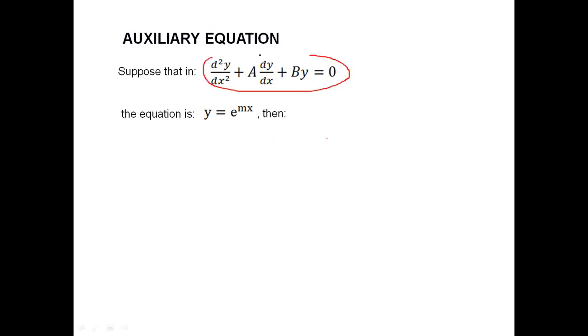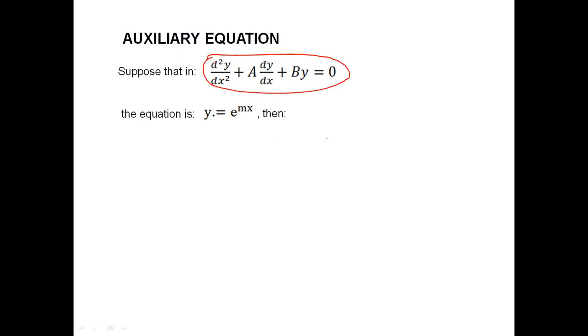Let's move to the next step, the auxiliary equation. Suppose in the same equation that we just checked on the previous slide, d2y over dx2 plus a dy over dx plus by is equal to 0, we are given y to be equal to e raised to the power mx.